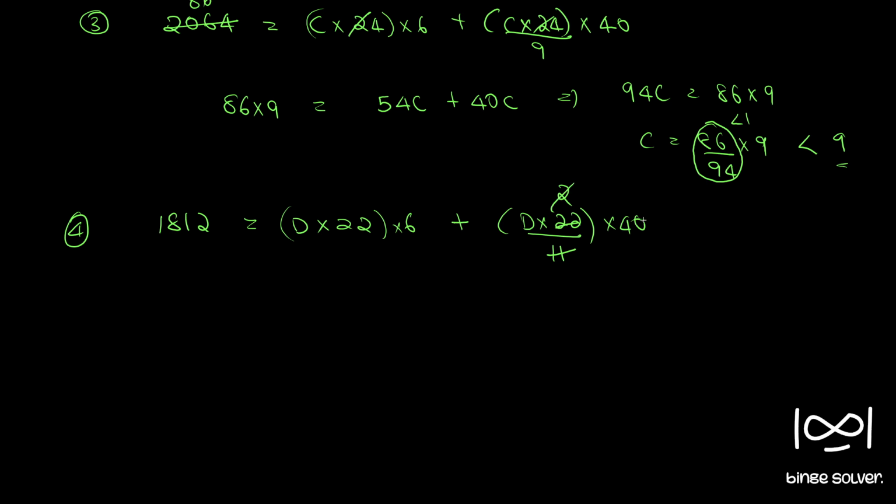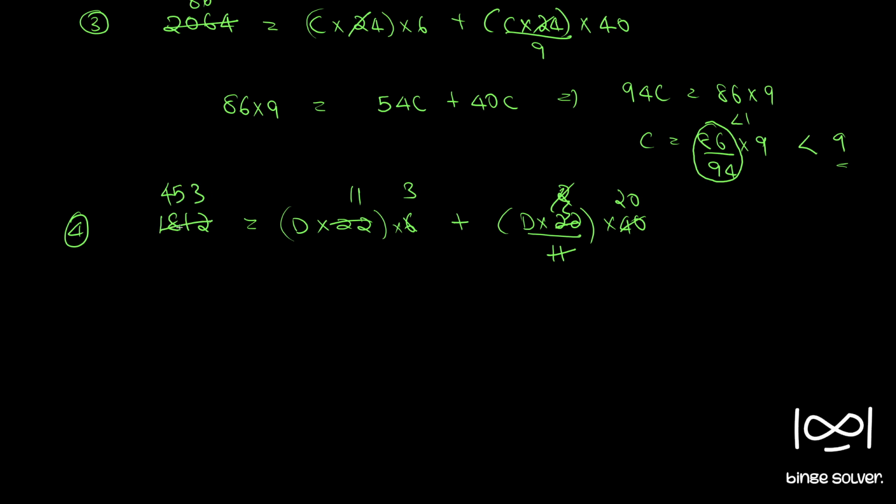So if you take 4 out, sorry, this becomes 20, 11, and this becomes 3. 1812 by 4, which becomes 15, 5, 12, 3.